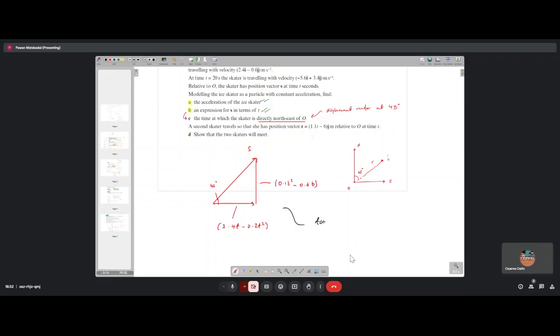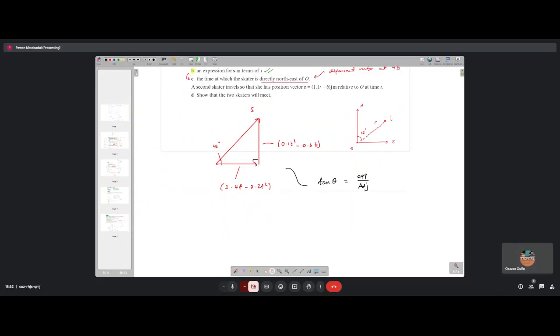Remember, tan of an angle is equal to the opposite all over the adjacent, right? So what we can do here is we can just say, well, tan of 45, well, we want the angle to be 45, right? Theta can be anything. But because we want it to be northeast, it has to be 45 degrees. Okay.